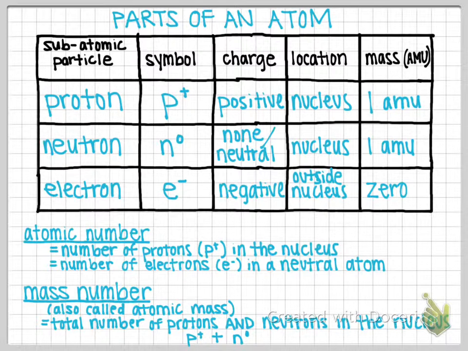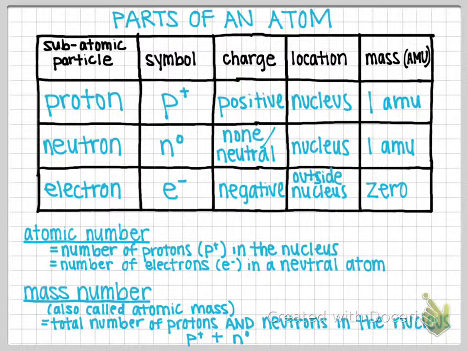There's two numbers on the periodic table that you need to know what they are. That is the atomic number and the mass number. The atomic number equals the number of protons in the nucleus. It also equals the number of electrons in a neutral atom. So if you have a neutral atom, the atomic number equals the number of protons, and the atomic number equals the number of electrons.